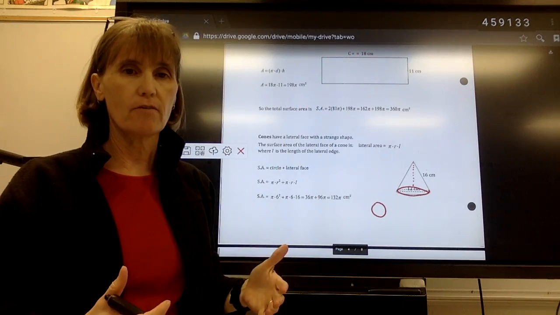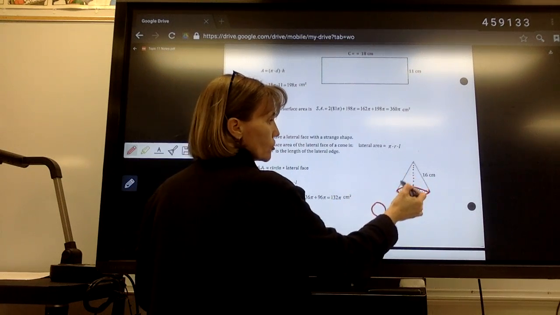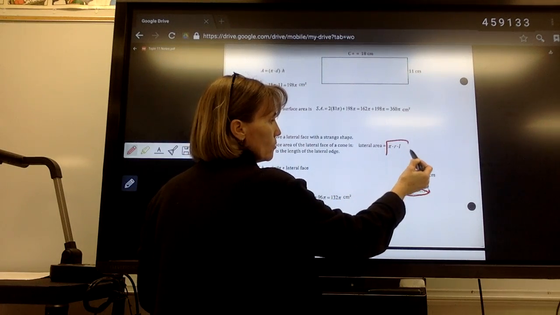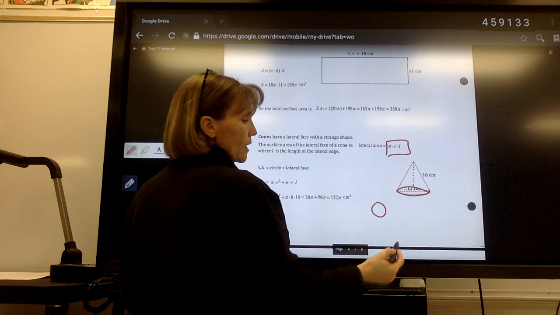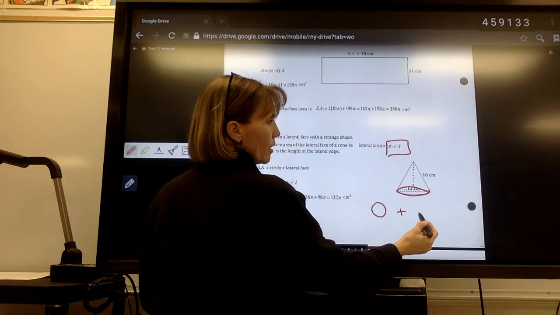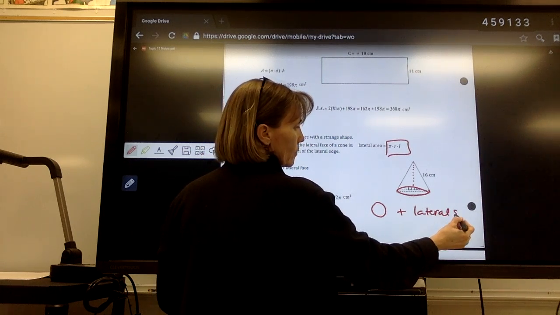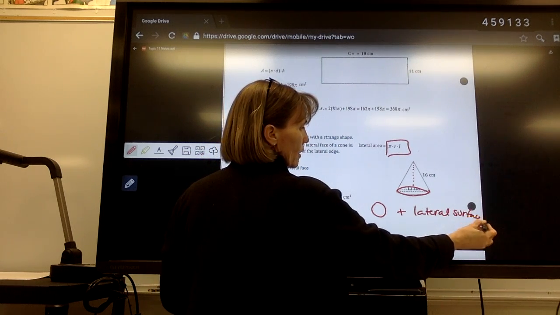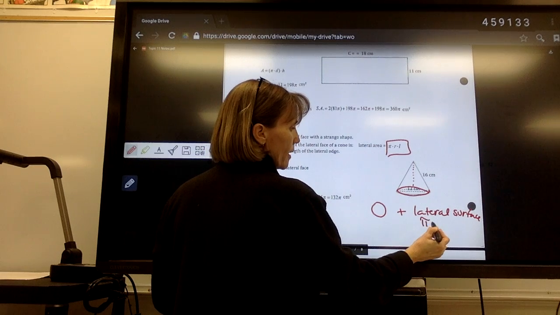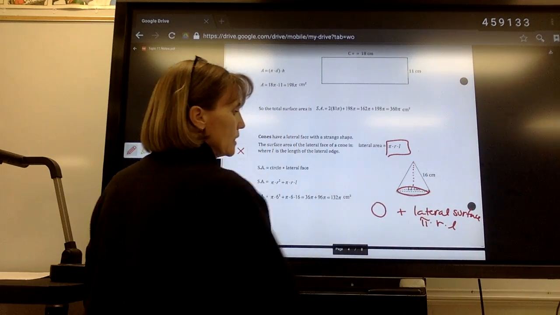I'd actually have kind of an odd shape. So we have a special formula for that. The lateral surface of a cone, we use pi times radius times L, and L is the slant height. So I'm just going to do plus lateral surface, and that lateral surface is pi times radius times L, and L is that slant height of 16.